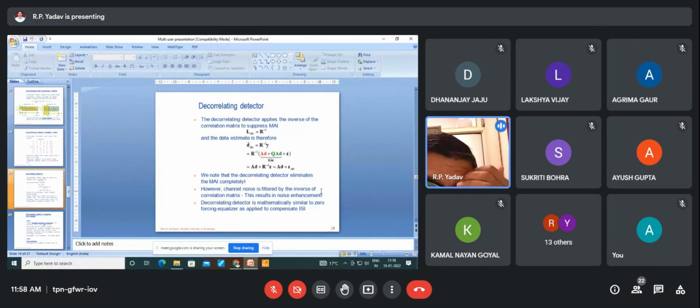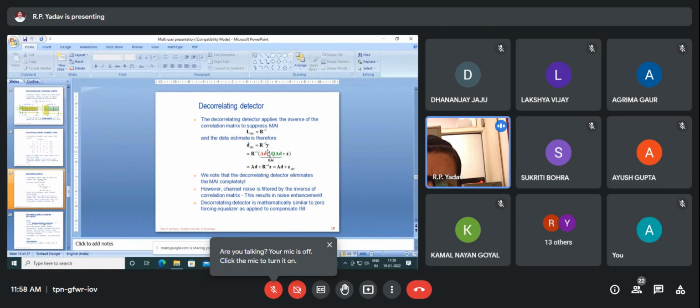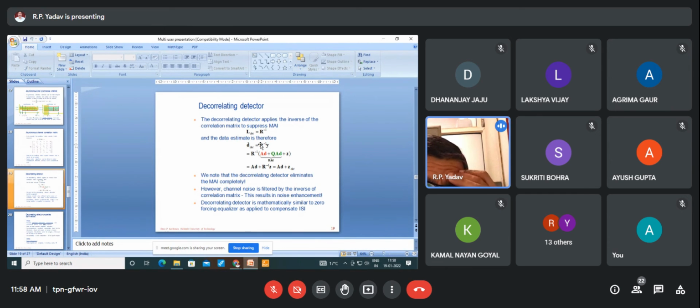The decorrelating detector applies the inverse of the correlation matrix to suppress MAI. We have to calculate the inverse of the correlation matrix, R inverse, and the data estimate is therefore R inverse times y.